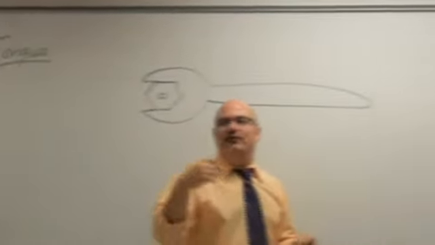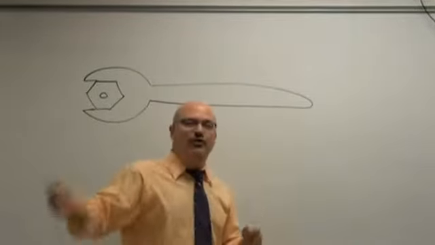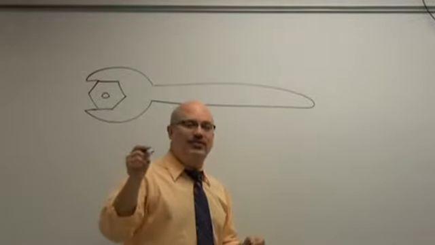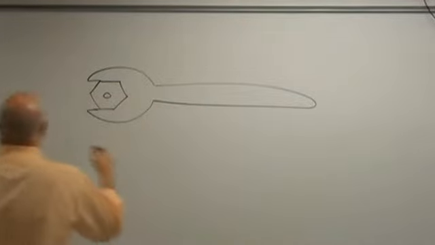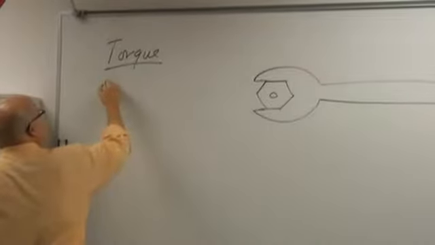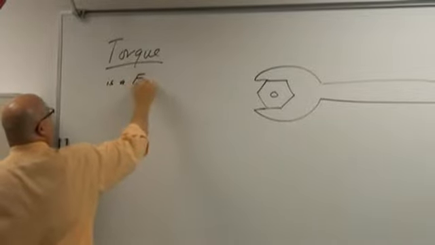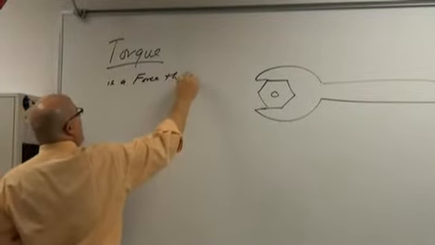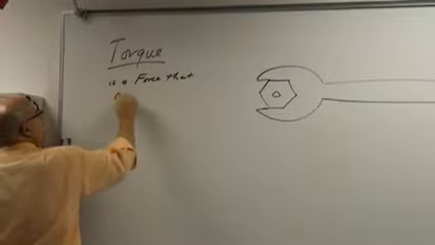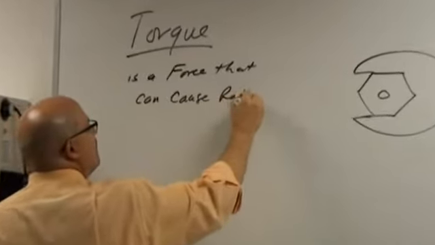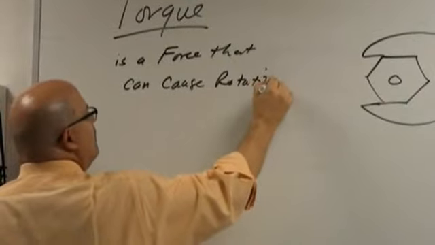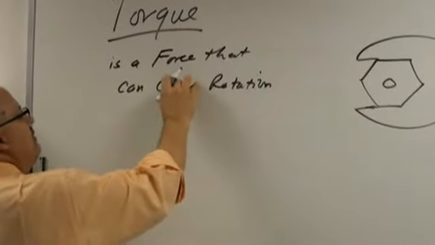Okay, so first things first. In order to produce a lot of torque to cause something to rotate, because torque causes things to rotate, okay? In fact, there's our basic definition. Torque is a force that can cause rotation.